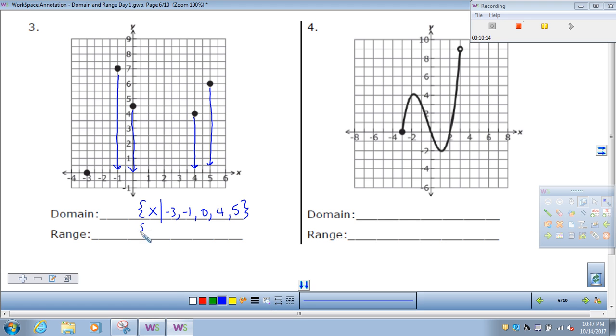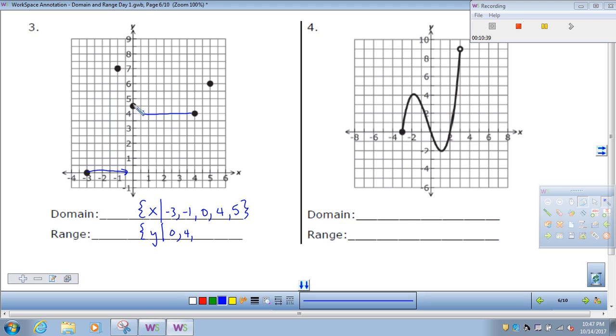And then for my range, now we're going to go look at everything and go to the y-axis. So this is the lowest dot, which goes to 0. The next lowest would be this one, which goes to 4.